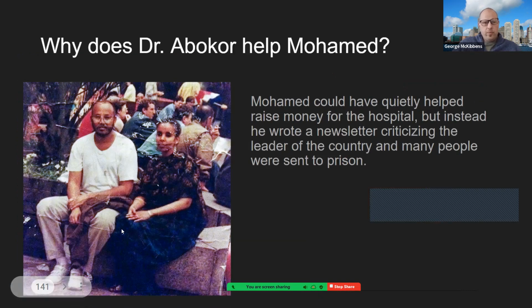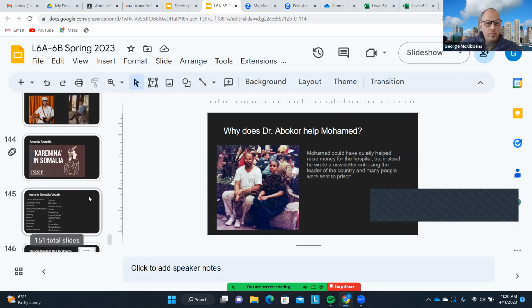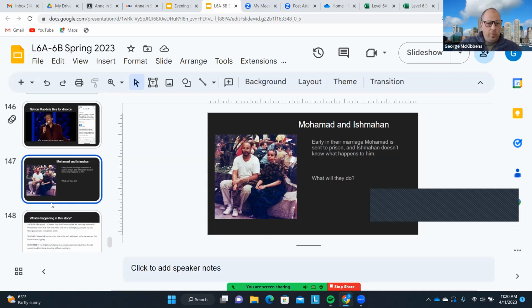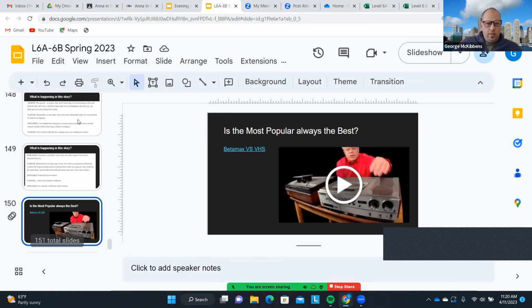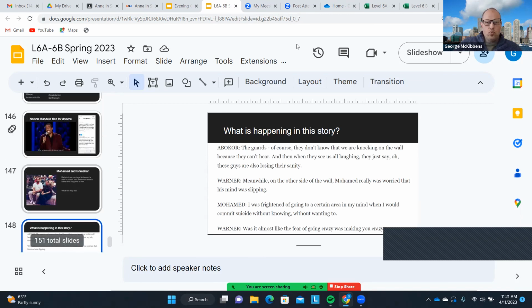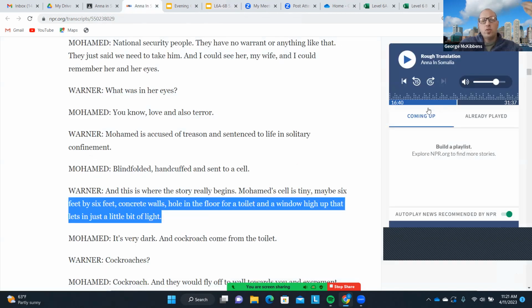The doctor knew it was a dangerous situation to be expressing his political opinion. But at the same time, this guy, Dr. Abakor, is really going out of his way to help his neighbor, literally his neighbor. They're on the other side of the wall.